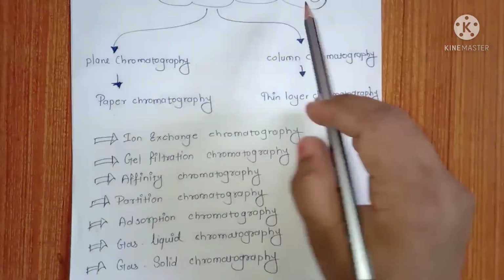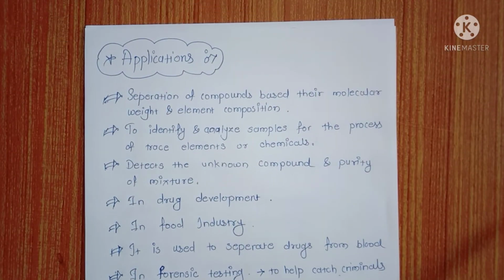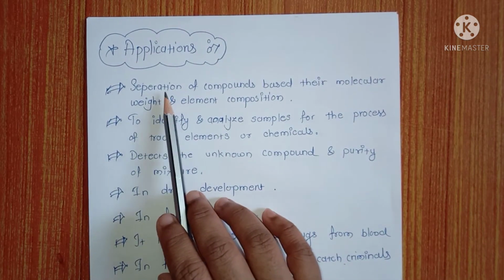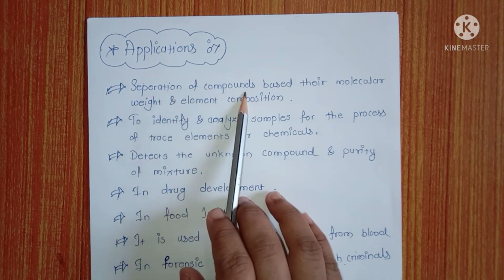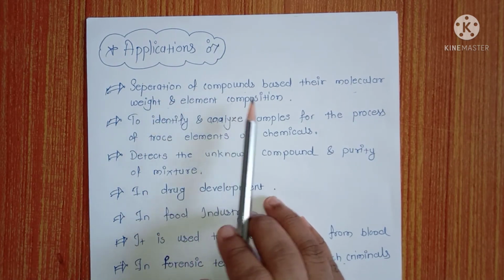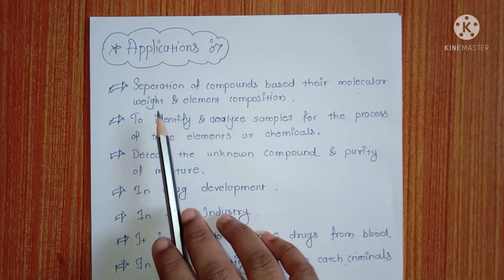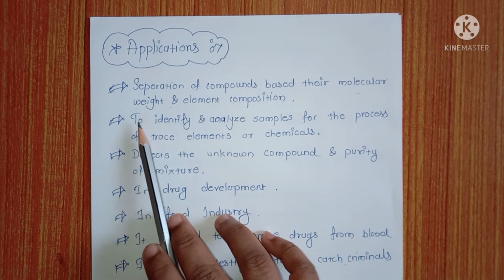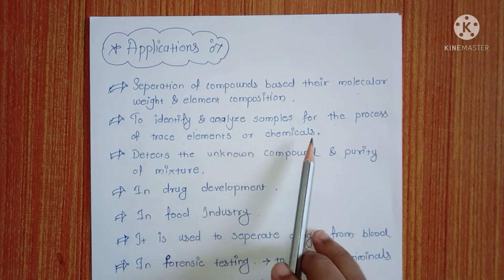These are the types of chromatography, and the last point is the applications of chromatography. The first application is that this technique is used for the separation of compounds on the basis of their molecular weight and element composition. Next, it is used to identify and analyze samples for trace elements or chemicals.